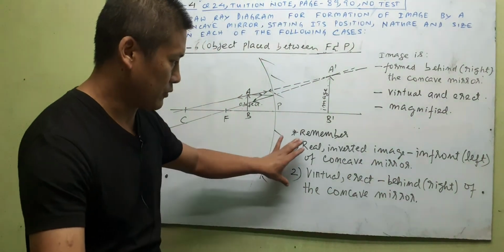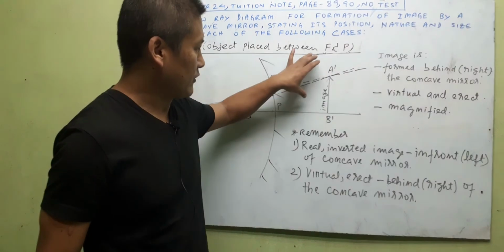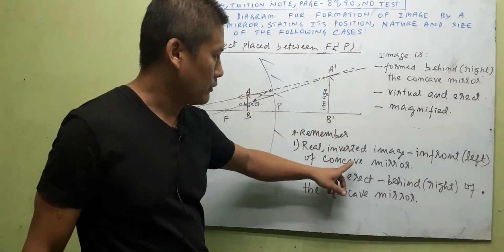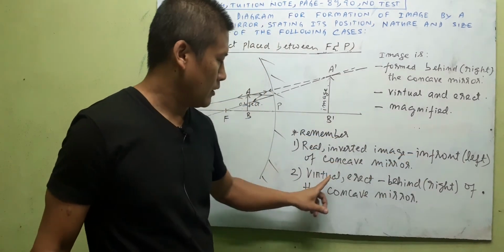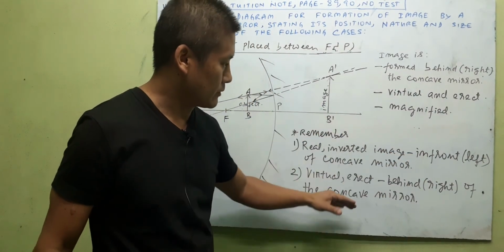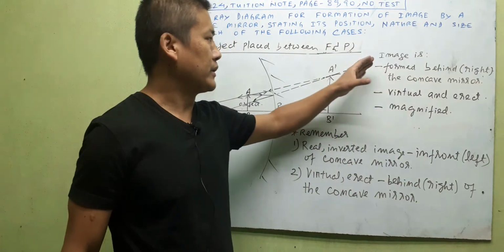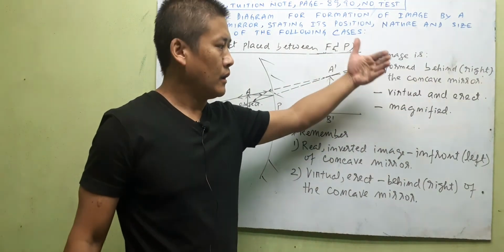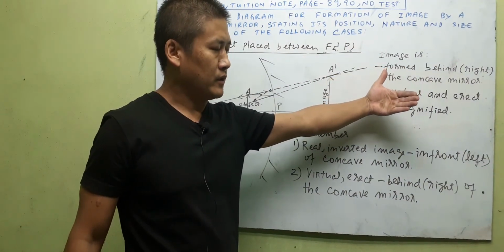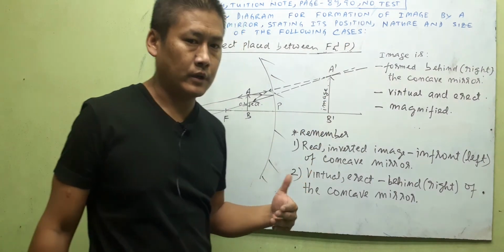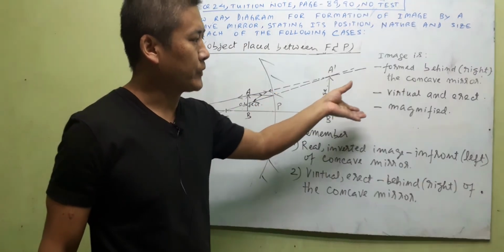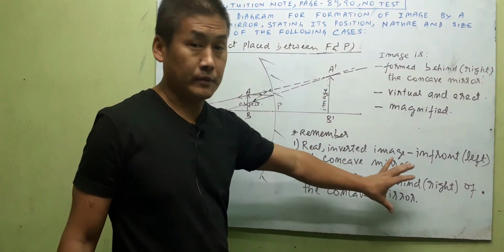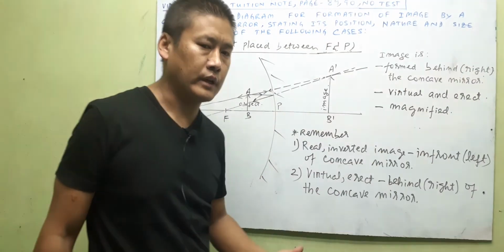And finally, one more point. So remember this: concave mirror is the mirror which can form real inverted in front of it, or it can also form virtually erect like this behind it. So this mirror can form both types of images: virtually erect behind the mirror or real inverted in front of the mirror. So if a question is asked saying what is that mirror which can form both virtually erect and real inverted image, that's your answer: concave mirror, right?